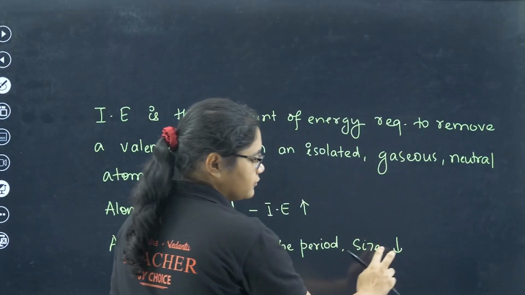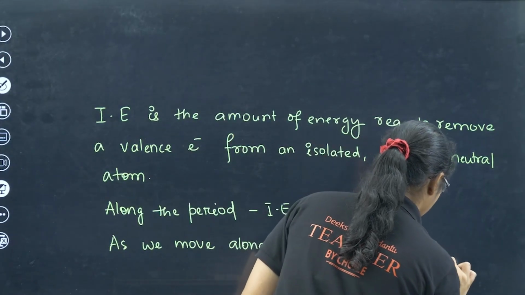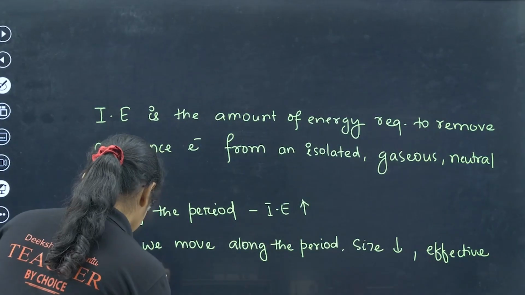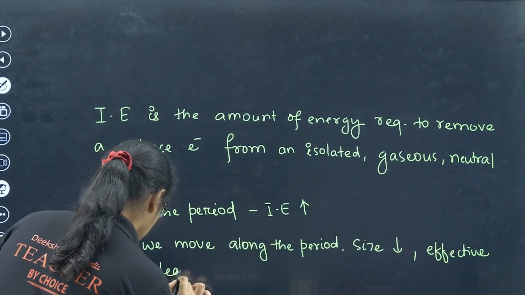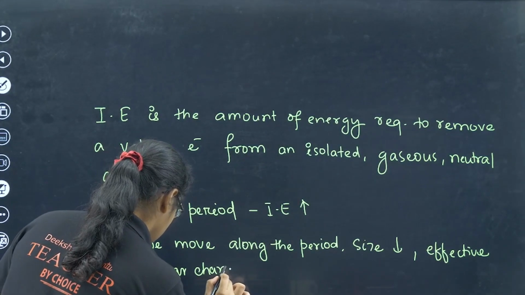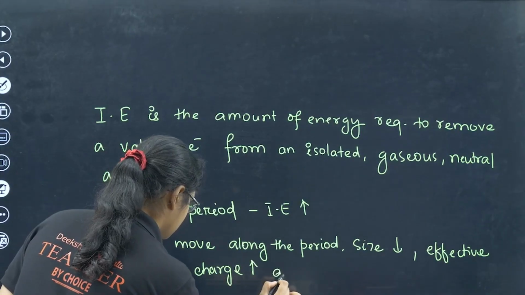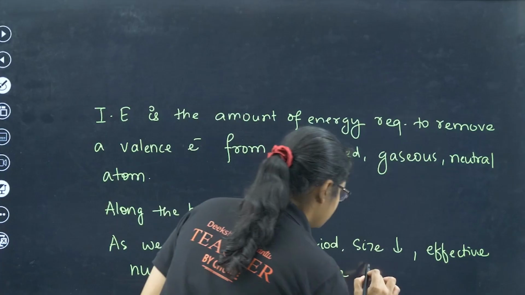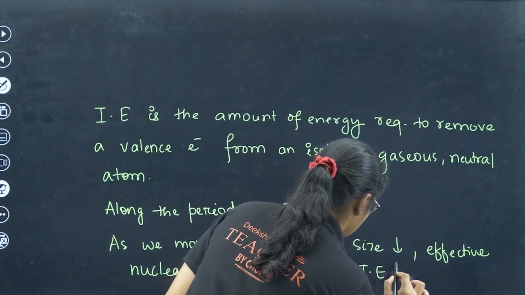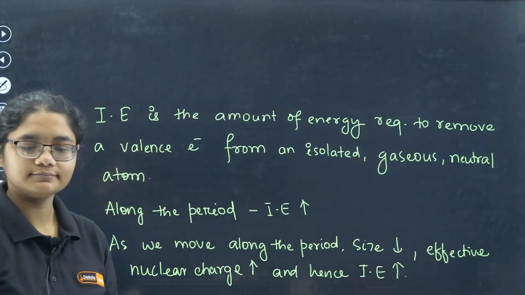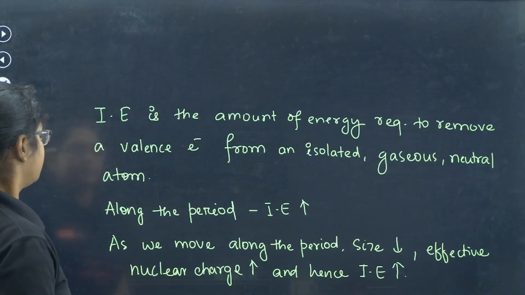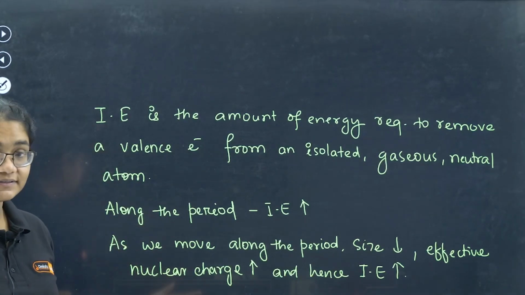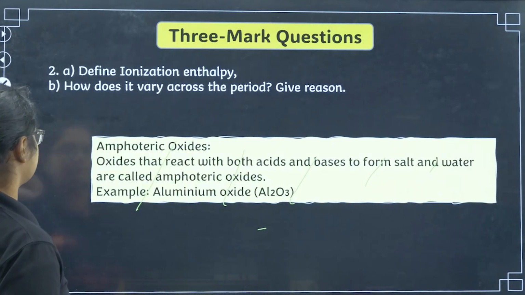Just write down the full word. Size decreases, effective nuclear charge increases, and hence ionization enthalpy increases. Clear? Please take a screenshot of this one, otherwise it will not remain. So please take a screenshot here. I'll go to the next question.